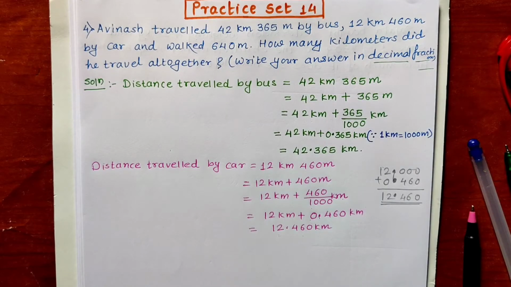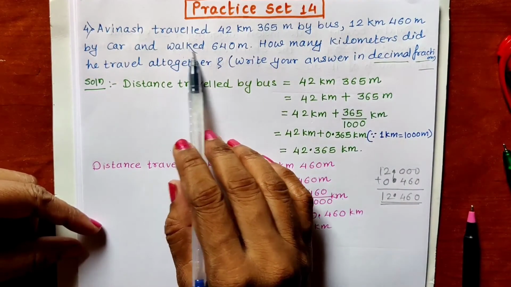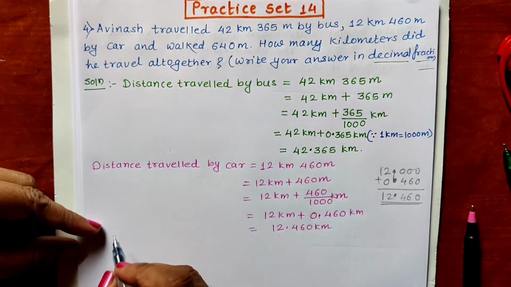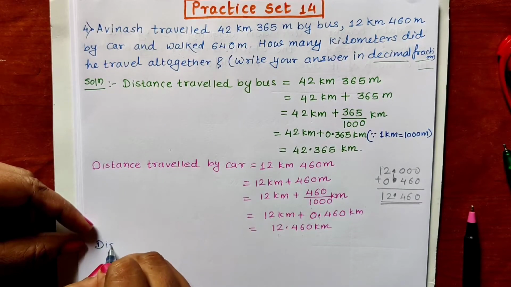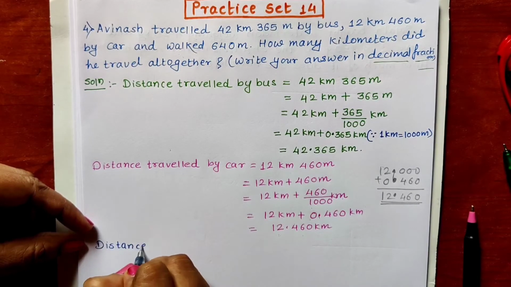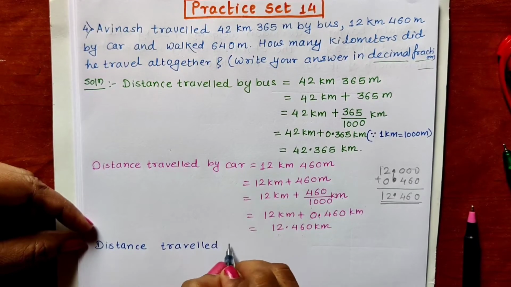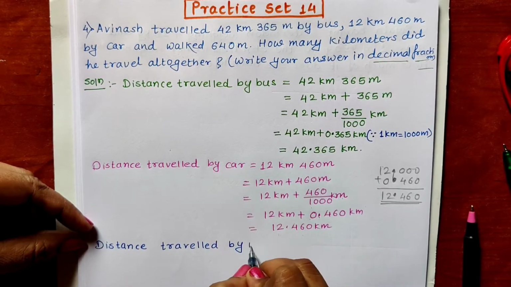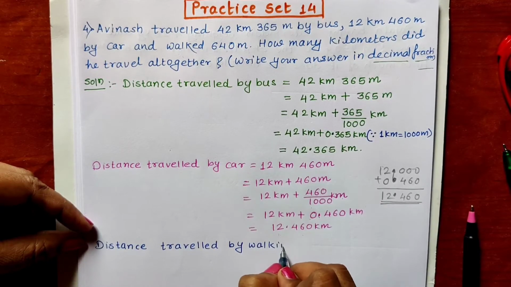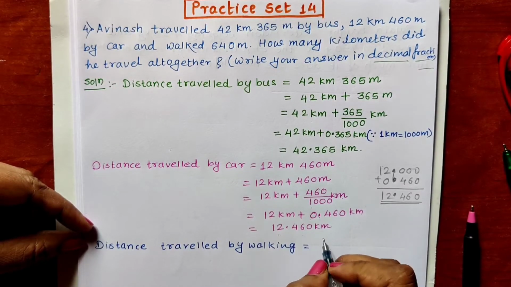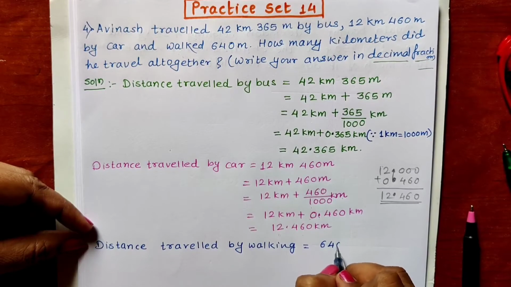Now next we will convert the distance traveled by walking. How much distance did he travel by walking? He walked 640 meter. So the distance traveled by walking is only given in meter, 640 meter.